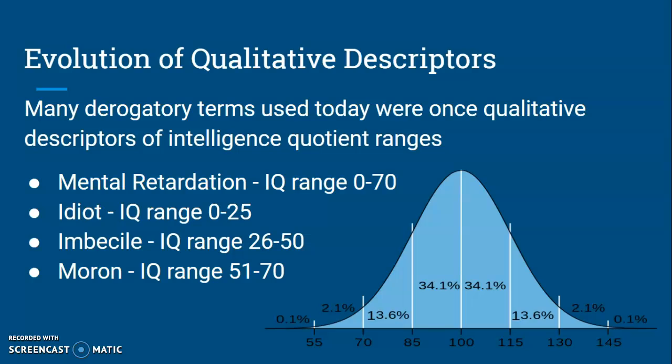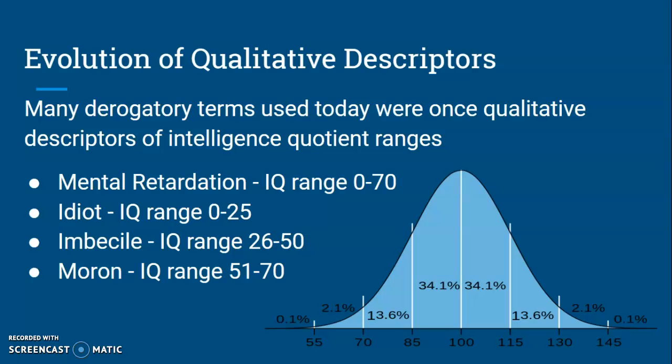Now I'm going to briefly discuss the evolution of qualitative descriptors. Many derogatory terms used today were once qualitative descriptors of intelligence quotient ranges. So just to elaborate on that, mental retardation was a qualitative descriptive term referencing IQ ranges from 0 to 70.